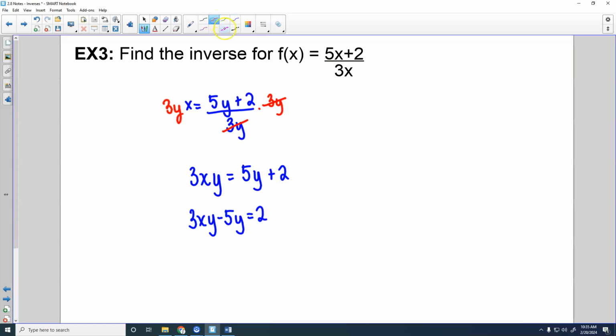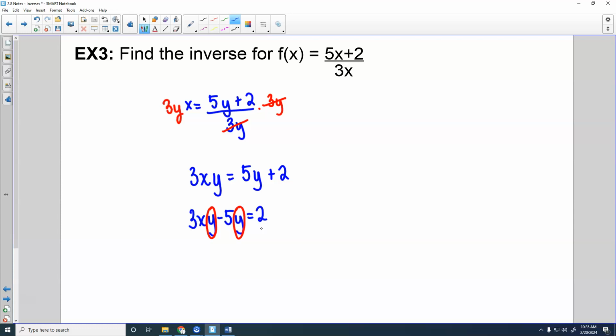Alright, now, I've got a y here and a y here. What can I do with it? If I divide them, I could divide them. But if I divide them, that means I'm going to have a y over here on the right side, but it's going to be in the bottom of a fraction. And do we really want anything to be in the bottom of a fraction if we're trying to solve for it? No. So, let's try something besides dividing.